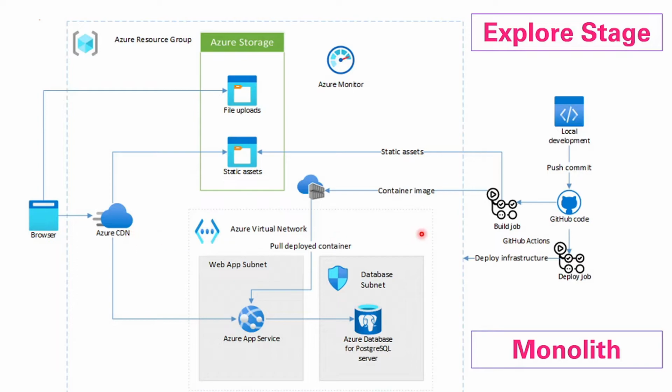And then we implement CI/CD with GitHub Actions, and our code base is in GitHub. So this is a very simple architecture so that we can accelerate our development, and it is not made up of microservices. Obviously, there is Azure Monitor for monitoring the various activities in Azure.